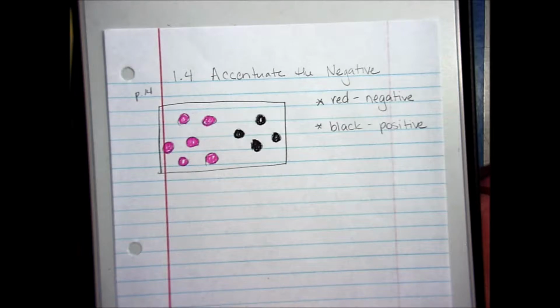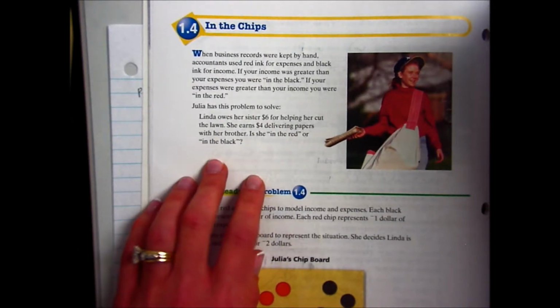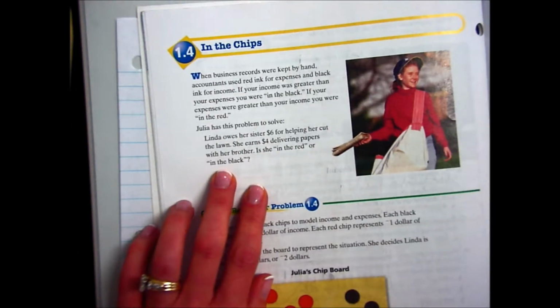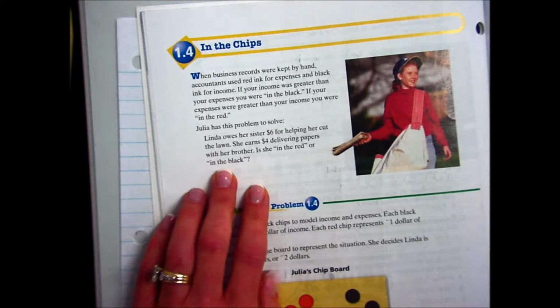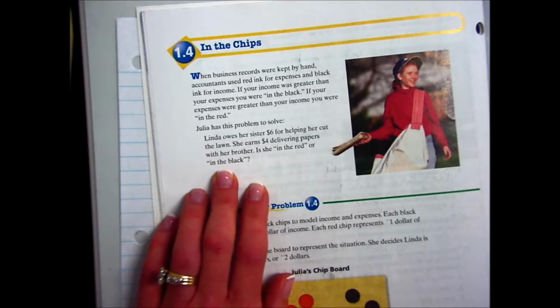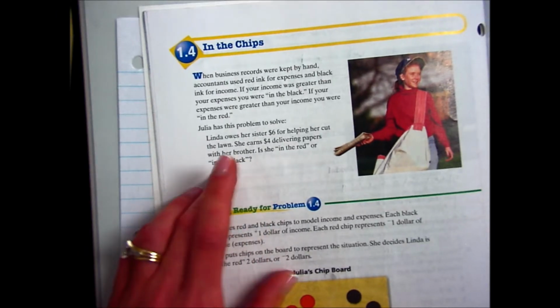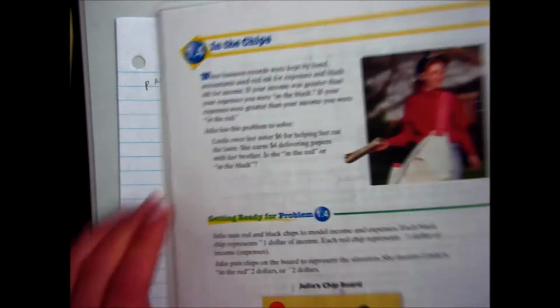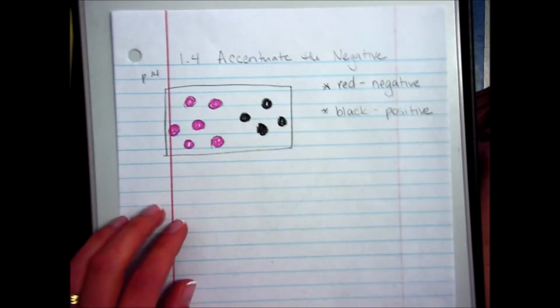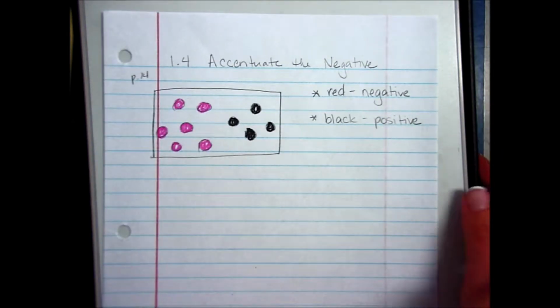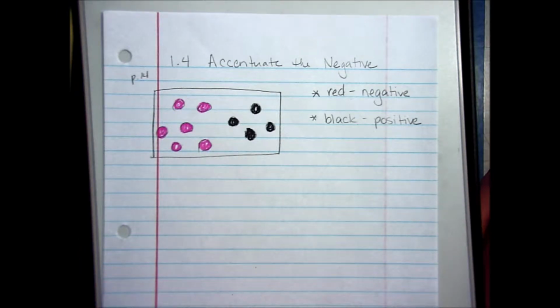So it says Julia has a problem to solve. Linda owes her sister $6 for helping her cut the lawn. She earns $4 delivering papers with her brother. Is she in the red or is she in the black? So what we did is create a chip model, and I drew my chip model, and I would like your materials handler to get 10 chips out of the bucket.